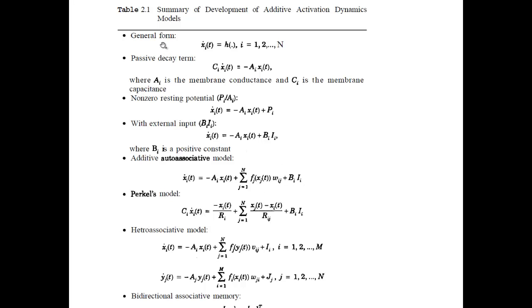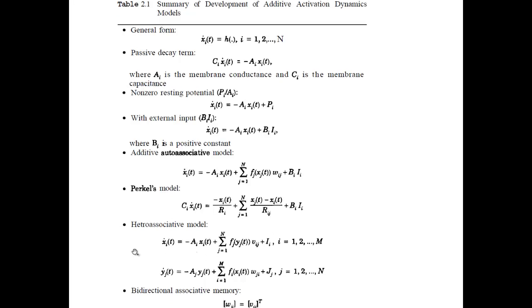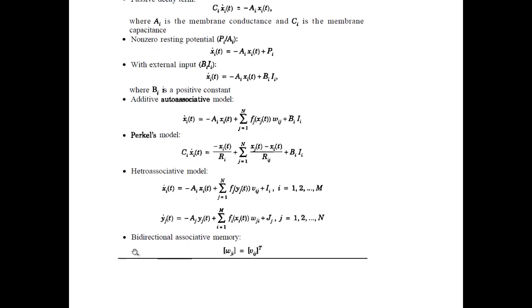The first is the general form, second is the passive decay term, or the passive decay equation, non-zero resting potential with external input, additive auto-associative model, Perkins model, hetero-associative model, bidirectional associative memory.